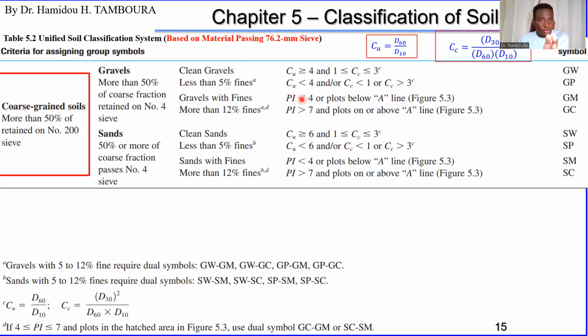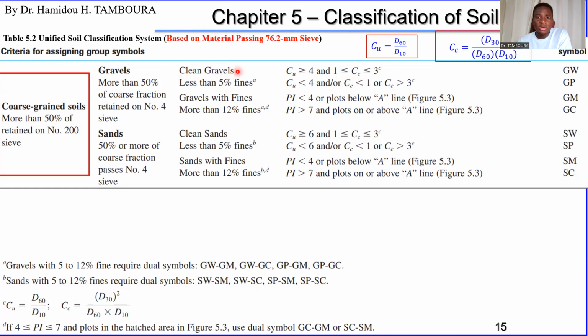If the amount of fines is less than 5%, then you are dealing with clean gravel. If the amount of fines in the soil is higher than 12%, then you are dealing with gravel mixed with some fines, gravelly clay for example, gravel with clay or gravel with silt.